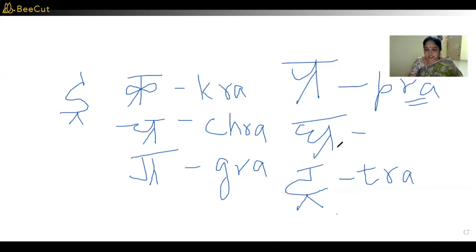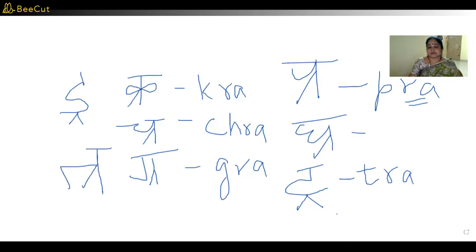When we proceed further, you will get to see many words where such letters are used. But for now, know that drawing a line like this gives the pronunciation of ra. Ta. Tra will be written like this.